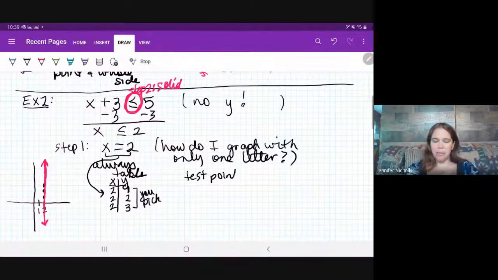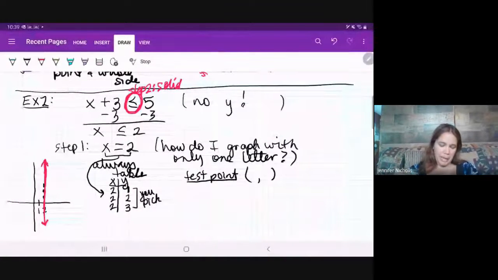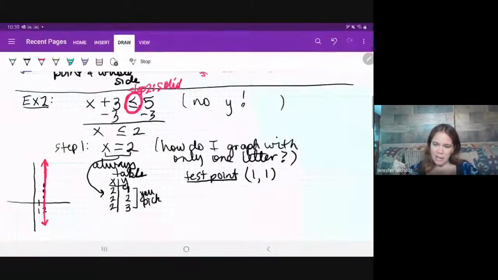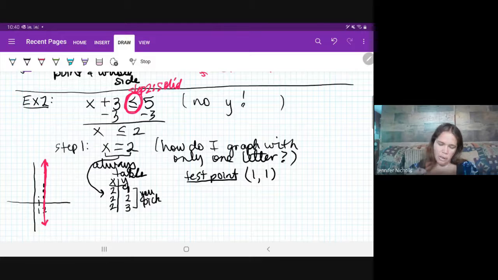I don't need you to label things step 1 and step 2, but I do need you to tell me which point you picked. So let's pick 1, 1. Can you tell which side of the line 1, 1 is on? It's definitely over there, right? So I'm going to use 1, 1.